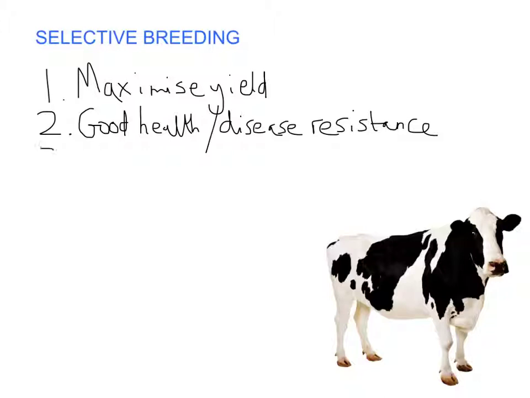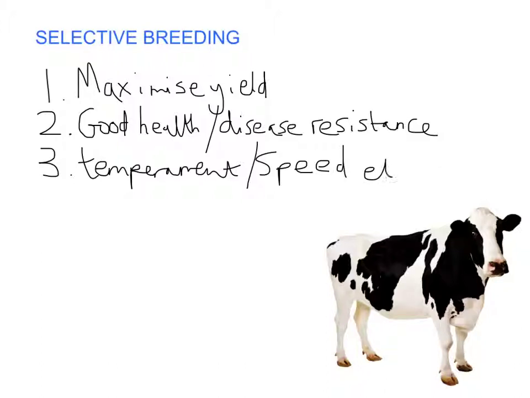And then there are other particular qualities, more so with animals, like temperament or speed or even just attractiveness. So we'll just put two of those. You might be breeding for temperament or speed, for example.